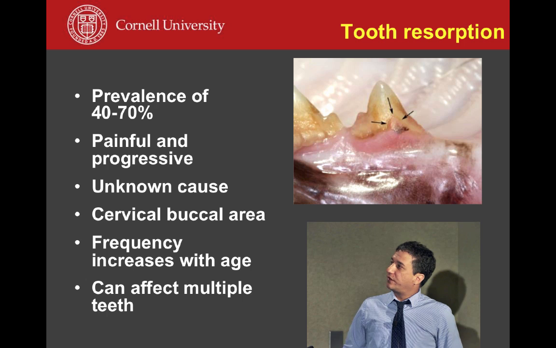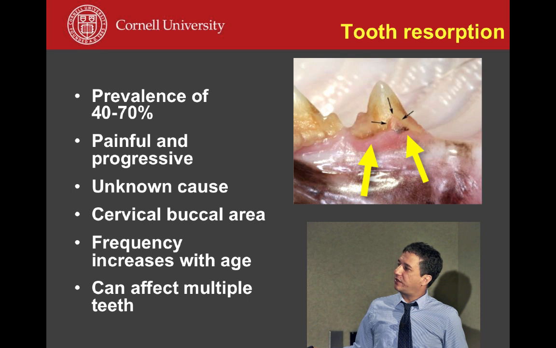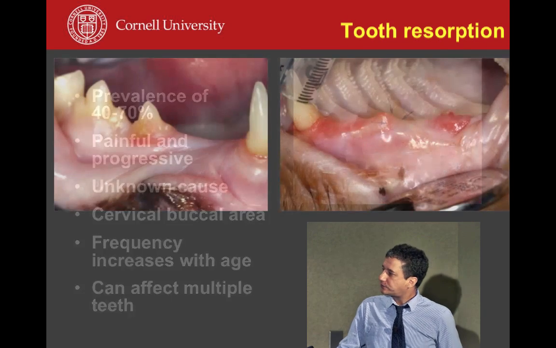The recognition of the lesions is not necessarily obvious. Sometimes the area of resorption is filled by either enlarged or hyperplastic gingival tissue or granulation tissue. So they can appear as slight irregularities and enlarged areas of soft tissue over the crown of a tooth.